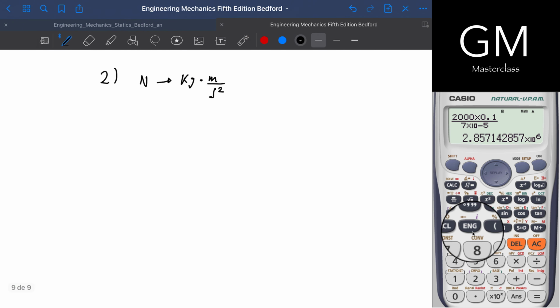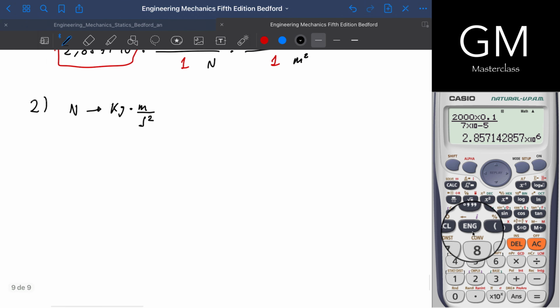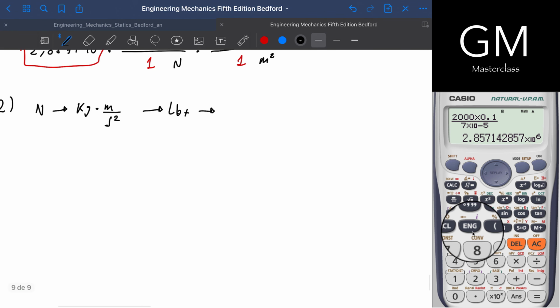Then I'm gonna change that into force pounds. So when we're talking about a mass in US customary units, then we're going to talk about a slug, and the length unit for the US customary base units are the feet, and the seconds are the seconds.